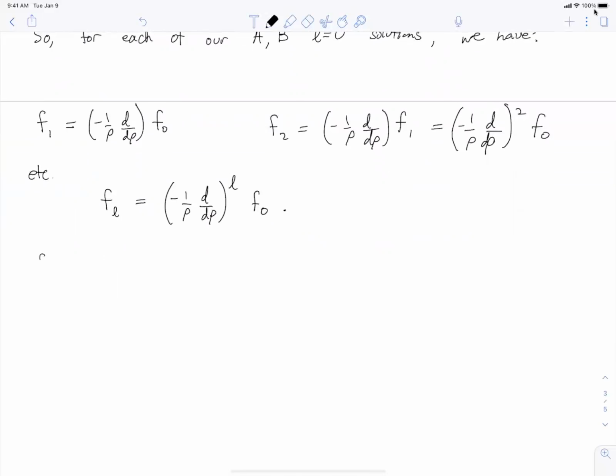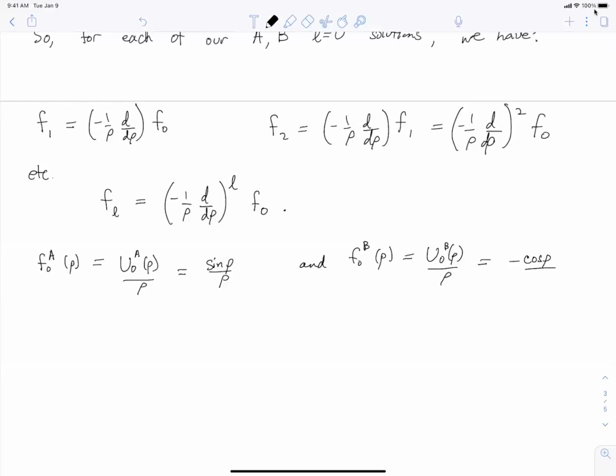So F0, the A solution, is equal to U0 A solution of rho over rho, which is sine rho over rho. And F0B of rho is U0B of rho over rho, which is minus cosine rho over rho.